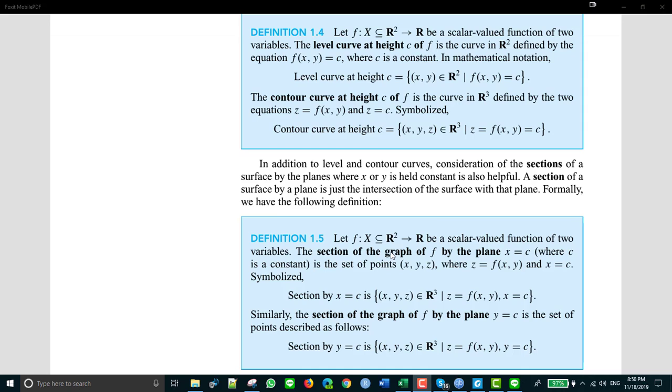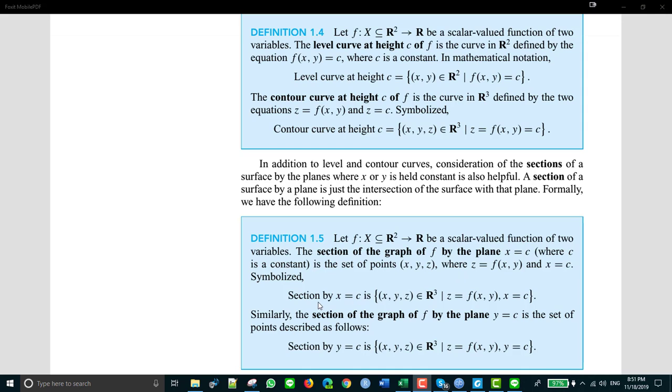We're going to call that the section of the graph of f by the plane x equals c. So the section of the graph of f by the plane x equals c, where c is a constant, is the set of points x, y, z in 3-space where z equals f of x, y, that's the original function, and specifically, x equals c.